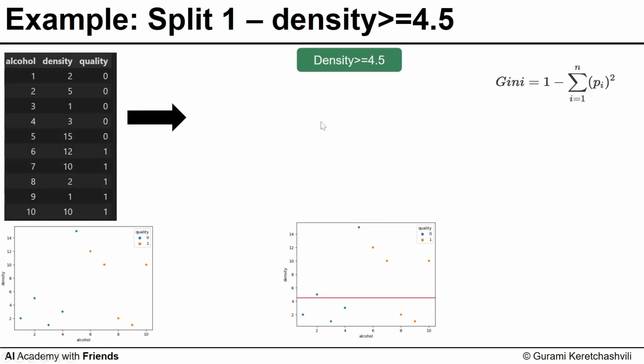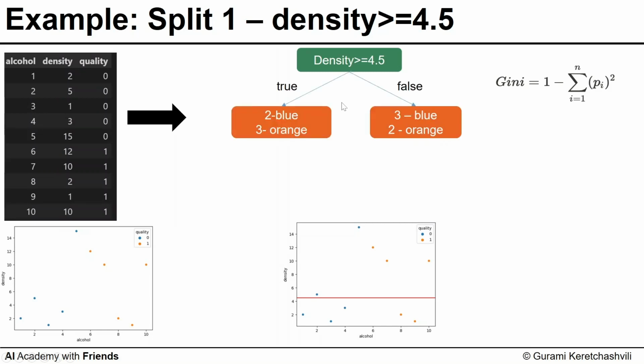First split was when density is greater than 4.5, and let's calculate the Gini index of this split. In order to do that, split the data into two parts. In the left part, we have 2 blue and 3 orange dots. In other words, 2 good quality wine and 3 bad quality wine.